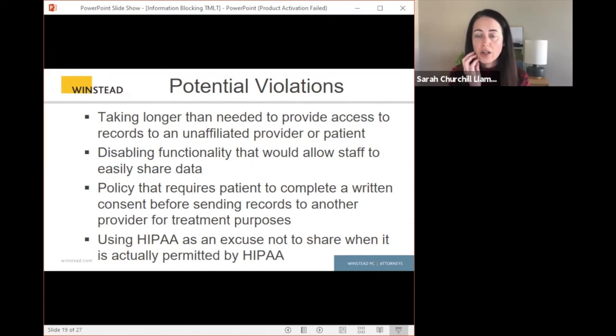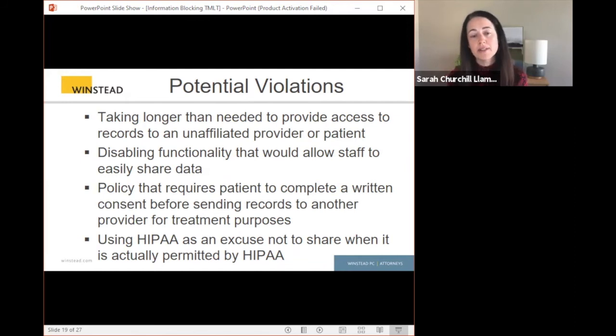I know of one provider that requires patients to send a copy of their driver's license before they'll share their medical records or even give them access to their patient portal. And I think under this rule that could be considered data blocking.